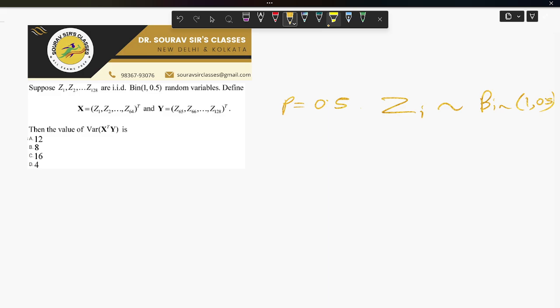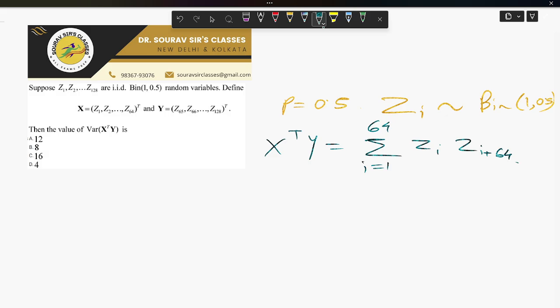Firstly, we are going to compute X transpose Y. That will be the sum for i equals 1 to 64 of Zi times Z(i+64). Since Zi and Z(i+64) are independent for each i, the terms Zi times Z(i+64) are also independent.